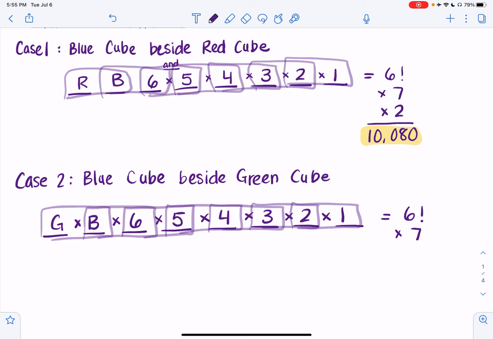And then we need to account for the fact that we could also have BG. So we could have blue then green instead of green then blue. So we multiply by 2. And again, we multiply and put it in our calculator. So 6 factorial multiplied by 7 multiplied by 2 will give us 10,080.